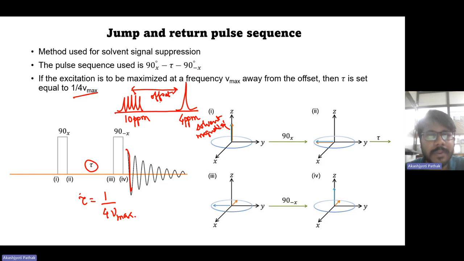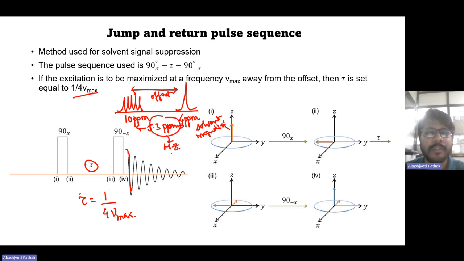So this is called the offset frequency, away from the nu. So that should be this difference. For example, this is 5.3 ppm, right? So that tau should be 1 by 4 times the nu max. So this is the offset. You can easily convert this ppm into hertz value.